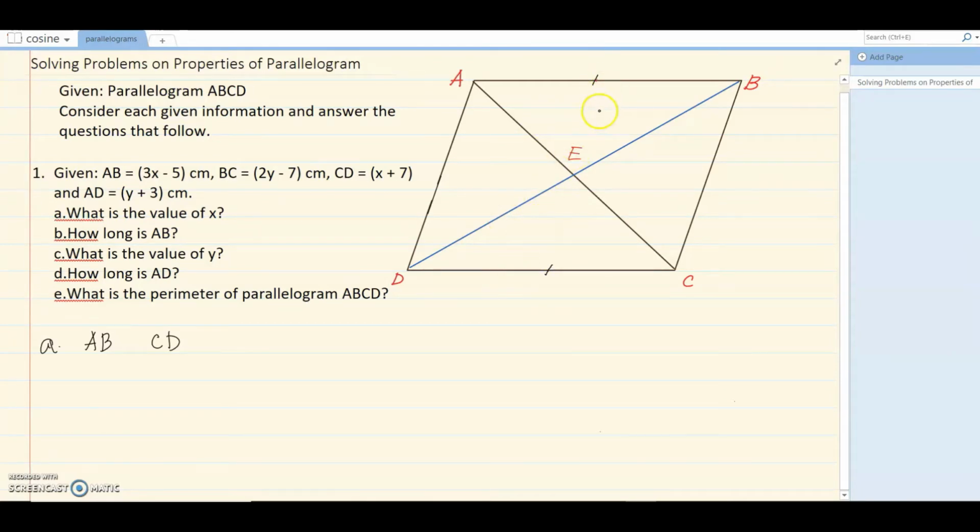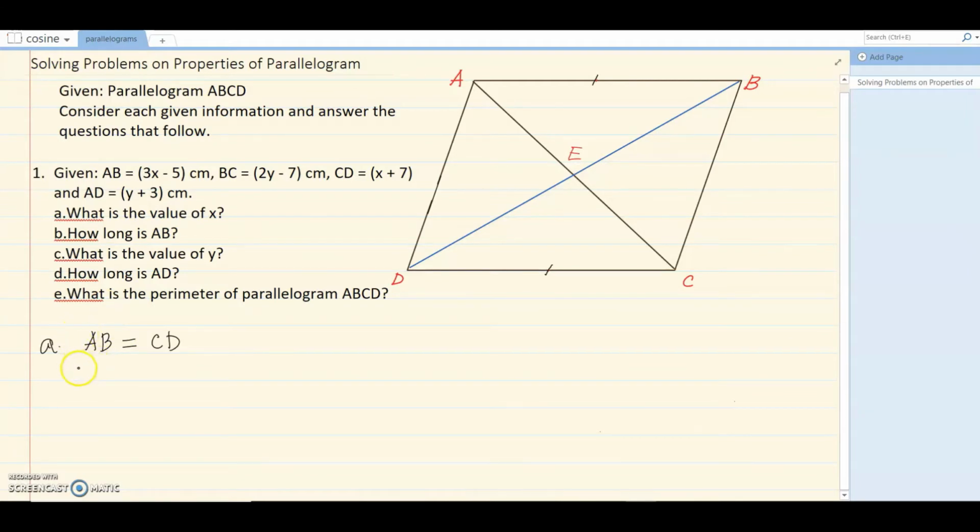And opposite sides of a parallelogram are parallel, of course, and therefore congruent. So, since we are using x as our unknown variable, we're going to use first the equality sign to solve for the value of x.